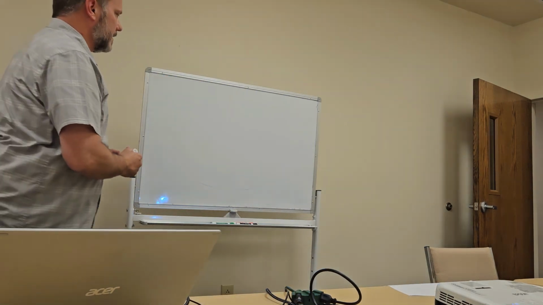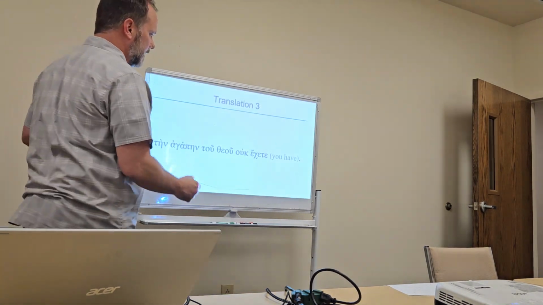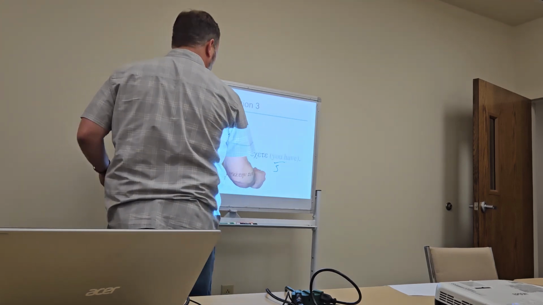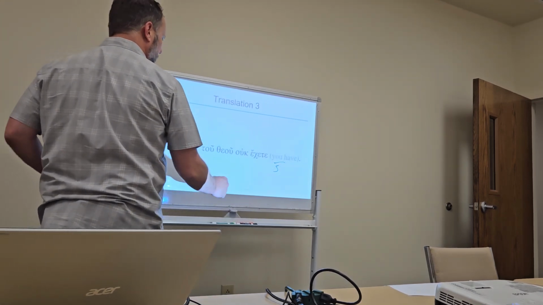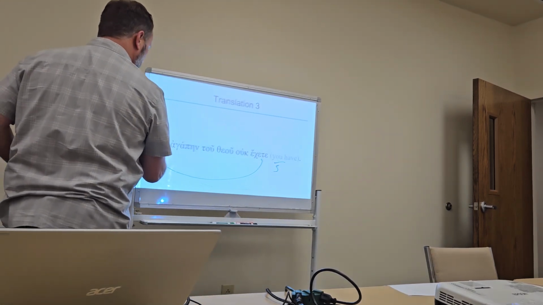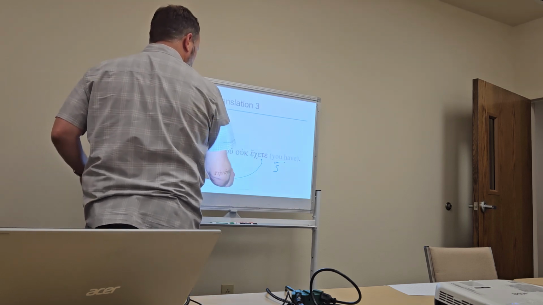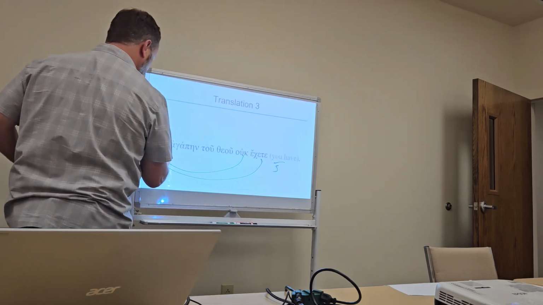Okay, so as we said, we have our subject here. That's our nominative, so you're going to move that up front. And then this is a modifier, so that's going to go right afterwards.